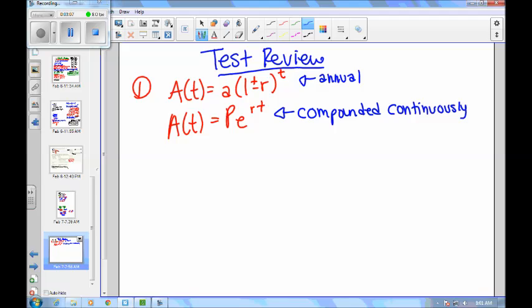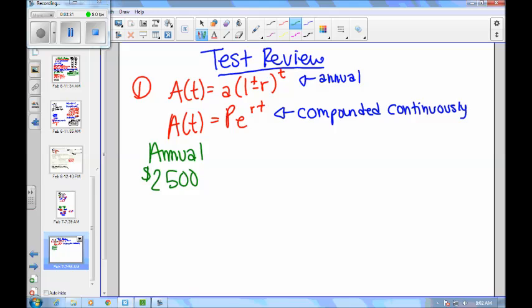All right, let's see. Aiden, what's something you wrote down? Compounded annually. We have annual interest. Okay, Gentry, what's something you got? $2,500 initially.